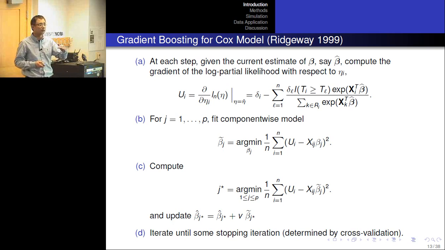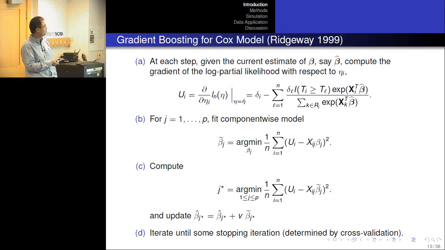Again, the idea is that although the original problem is nonlinear, it's a Cox model, they transform the problem back to a linear regression problem. They just treat this u_i as the response outcome. Then after that, they fit a linear regression model. At each iteration, they fit a linear regression model. Although altogether it's a nonlinear problem, at each iteration they transform the problem back to a linear regression problem.